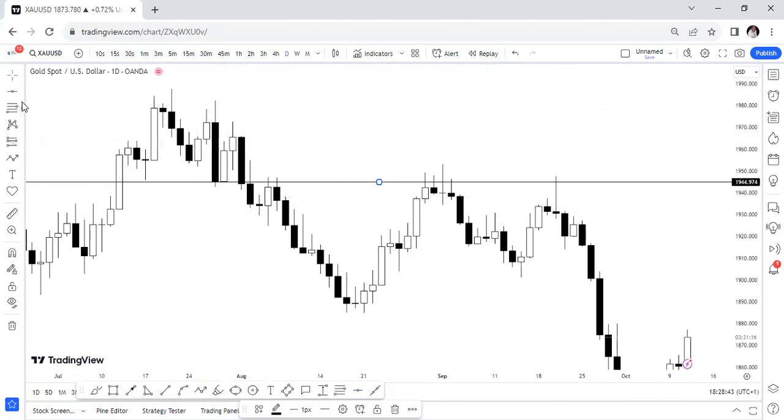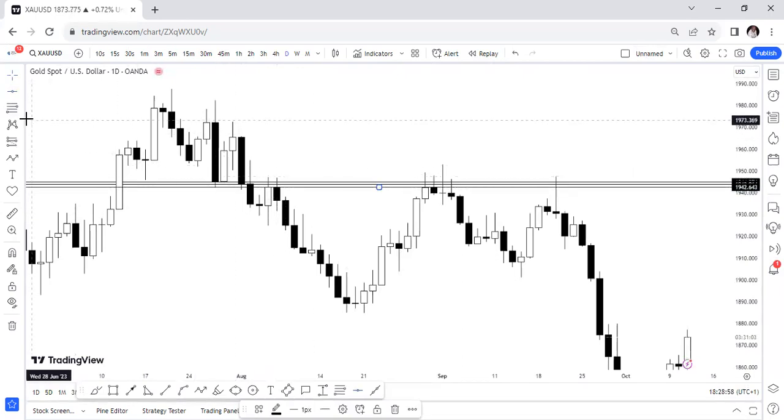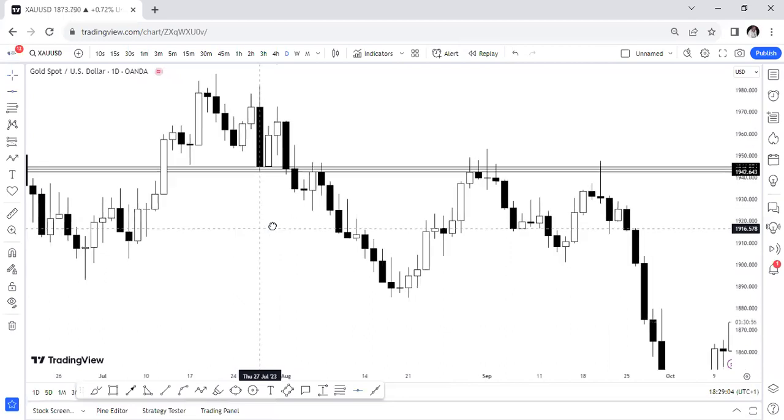Price reacted to it. The same place, you get a gap that was reacted to here. The same place there, you get this level of resistance. Moving forward, you have this at the same place.